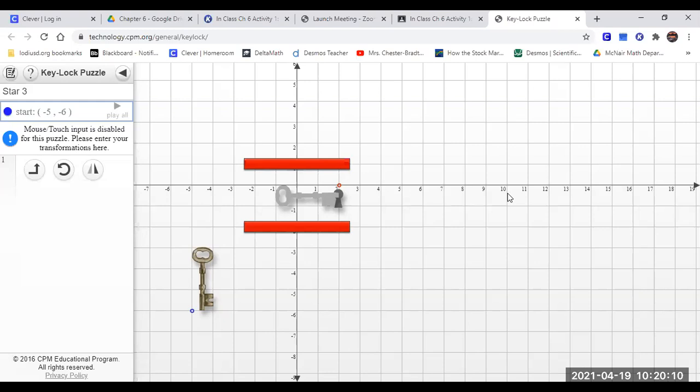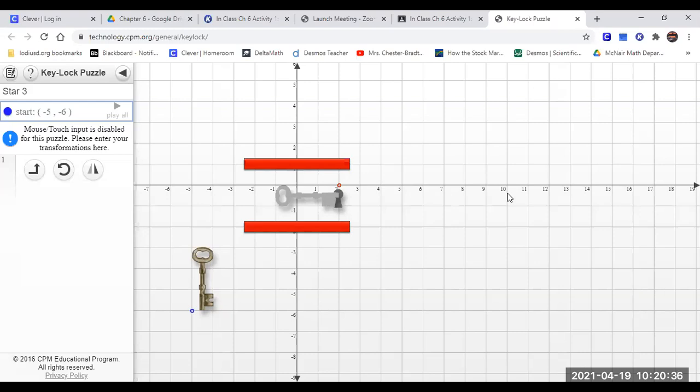So, based on the direction that the key is going when it's done, what would be a good first move? Based on the direction the key needs to be when it's done, what would be a good first move?